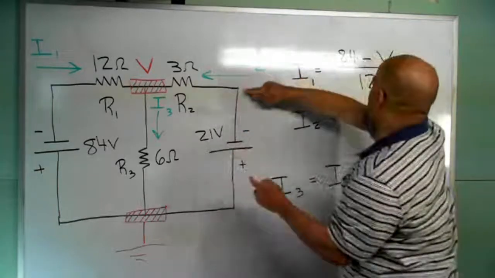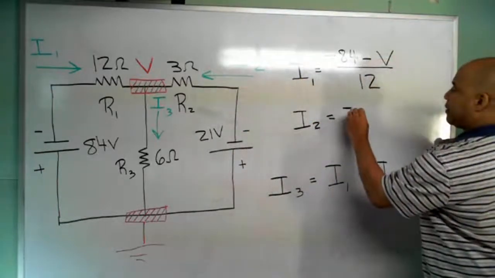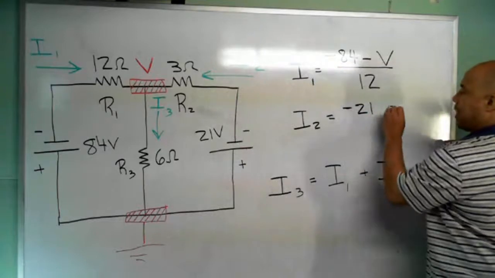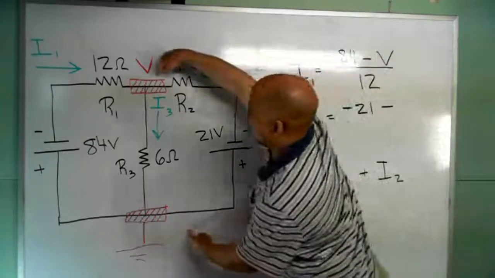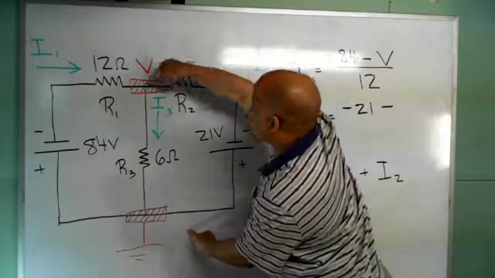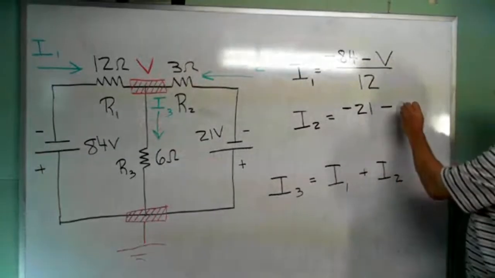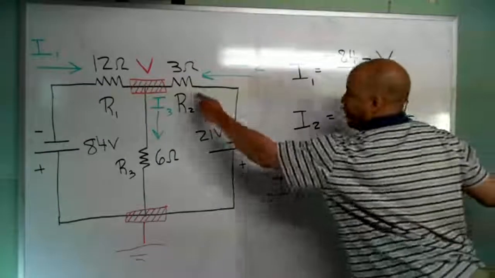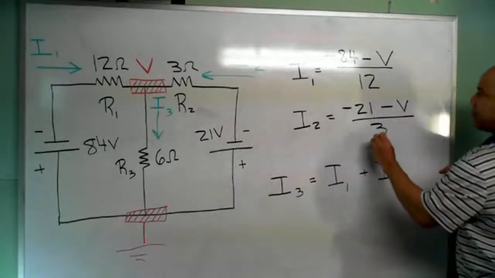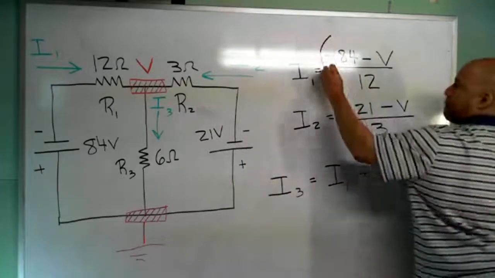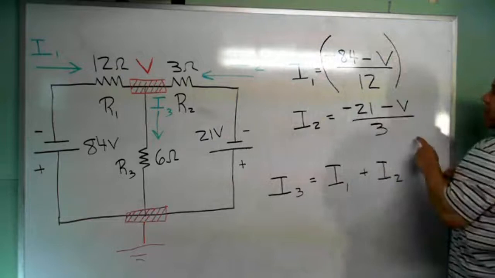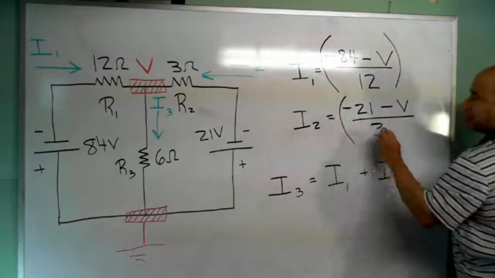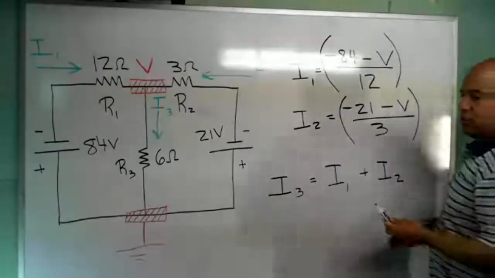So on one side of the resistor, I got negative 21, minus, on the other side of the resistor, I got V. I named it V. So it's negative 21 minus V divided by the resistor value, which is 3. So I got this one for I1, I got this one for I2, and I need one more.